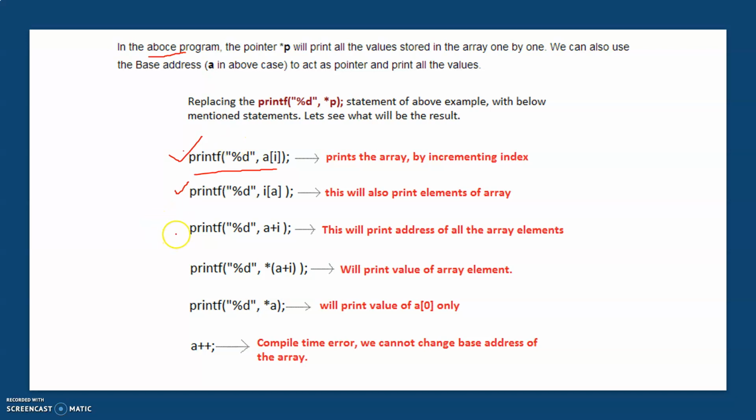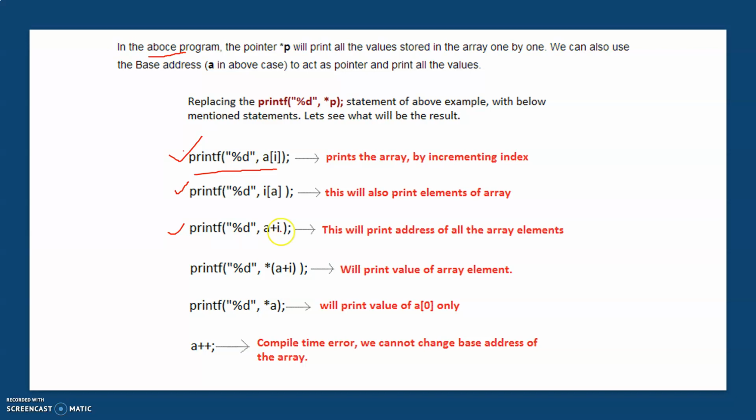But in the third case, printf("%d", a+i) means, what is a? A is the base address of the above location, or we can say a equals &a[0], whatever I have given there, plus i means the index. So on the particular index I am taking the value of what? Of the address.